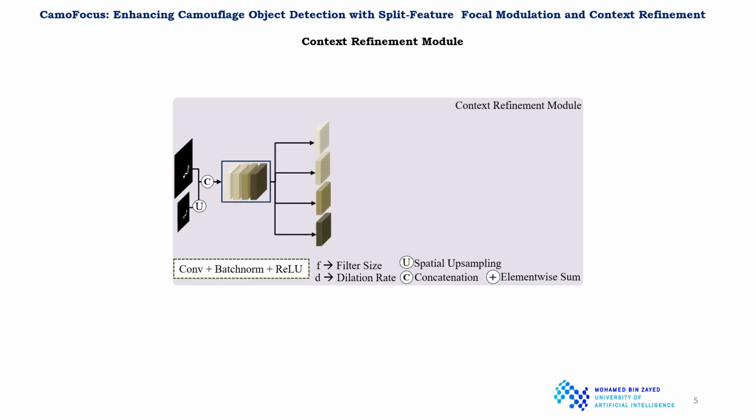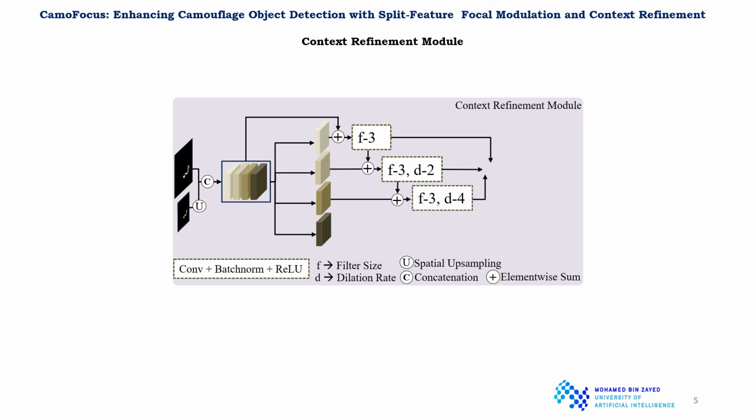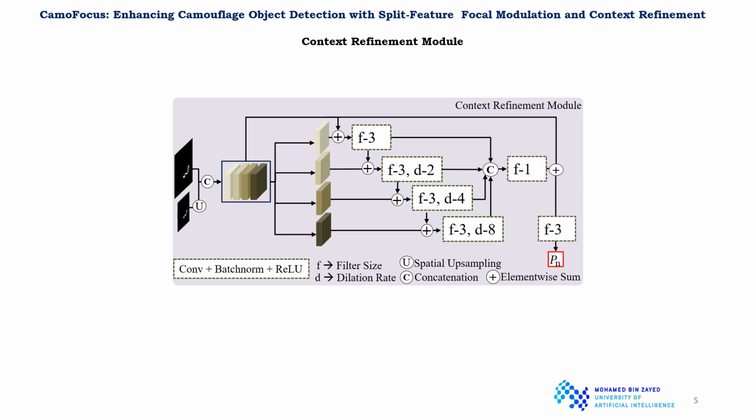Leveraging skip connections at various levels, convolution layers with varying dilation rates are employed to facilitate a deeper understanding with a broader receptive field. Finally, the output of the segmented features is merged with the original features, culminating in the generation of the predicted map, represented as P subscript n, through a 3-by-3 convolution operation.